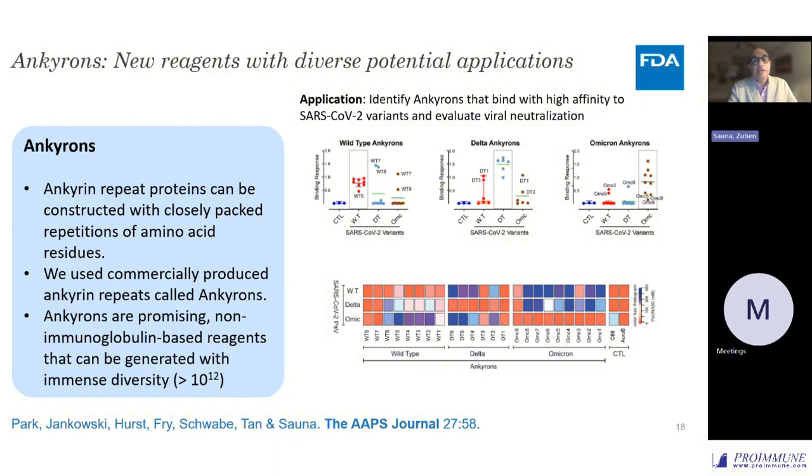And I just wanted to give you an example of Ankyrons that were designed to bind with high affinity to the SARS-CoV-2 virus for different variants. And what was done in this study was we looked to find Ankyrons which were raised against one variant of the SARS-CoV-2 and that could cross-react with other variants.